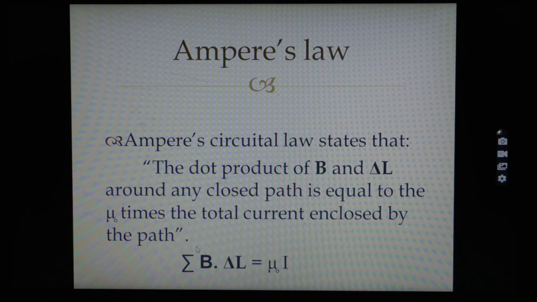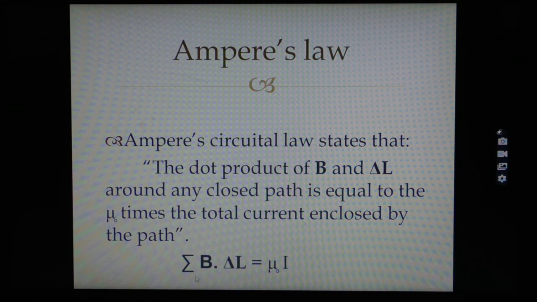Why? Because if you remember in the previous activity, when we consider different points on the circular path, we calculate B dot delta L for each point, and then in the end we add all B dot delta L.